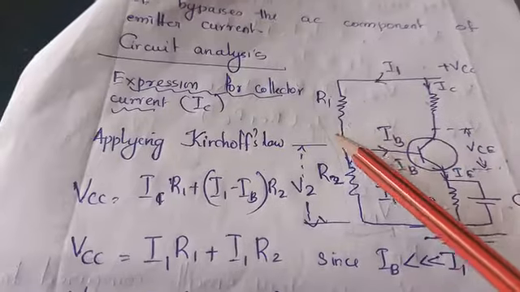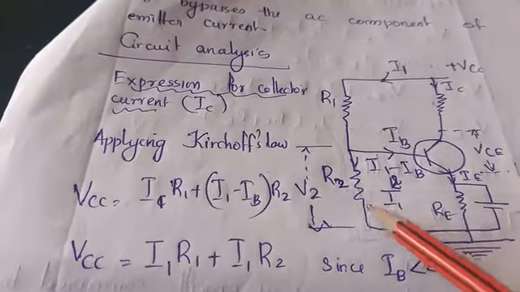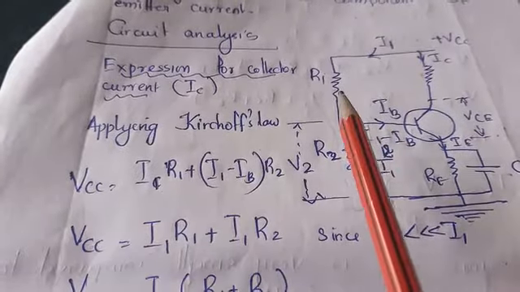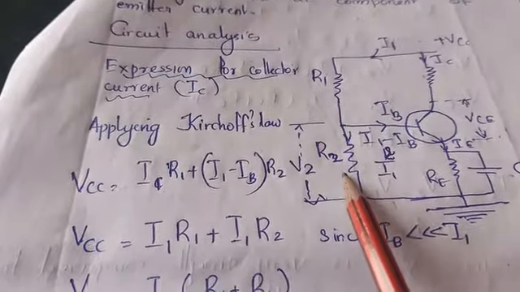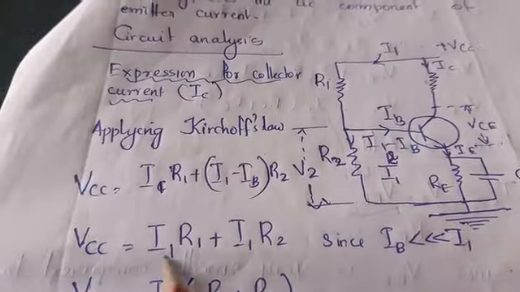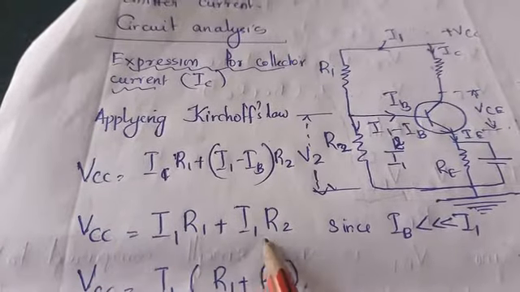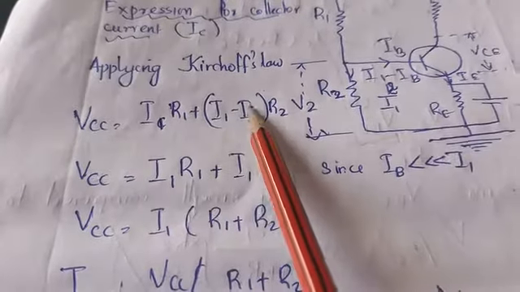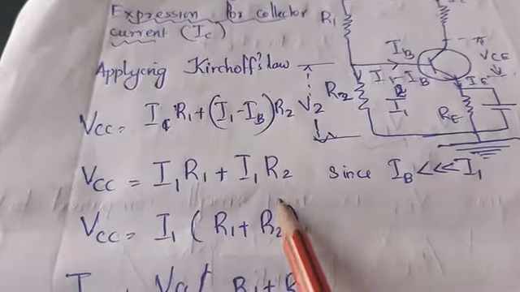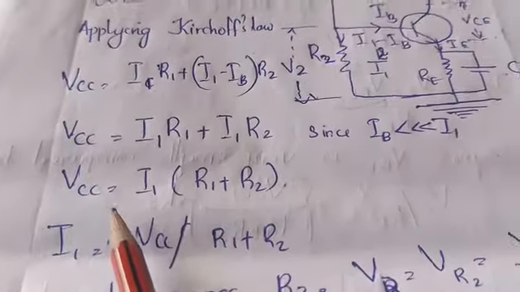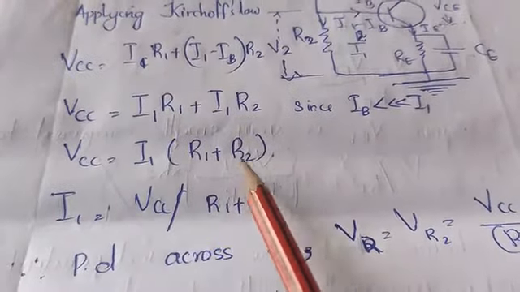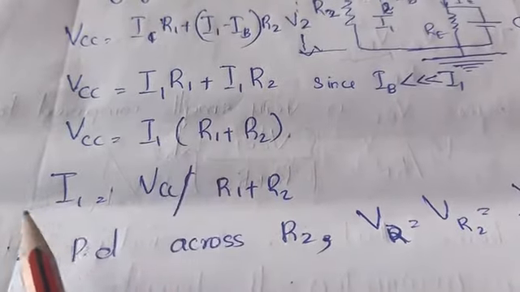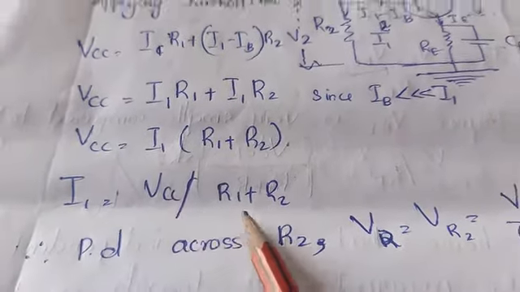The voltage is dropped across R1 and R2. So VCC is equal to I1 R1 plus I1 minus IB into R2. So VCC is equal to I1 R1 plus I1 R2, since IB is very small and can be neglected. So VCC is equal to I1 into R1 plus R2. Therefore I1 is equal to VCC divided by R1 plus R2.